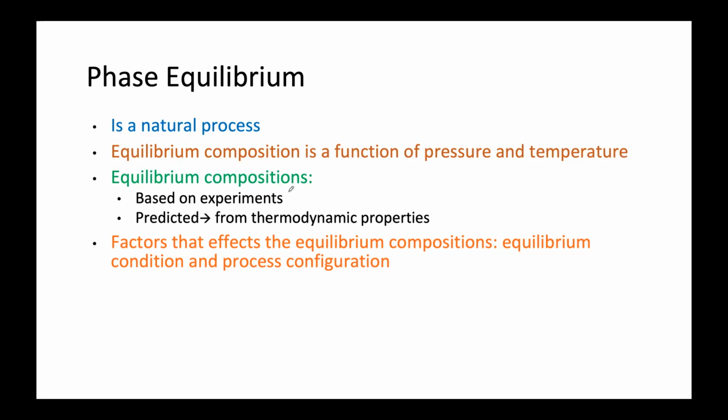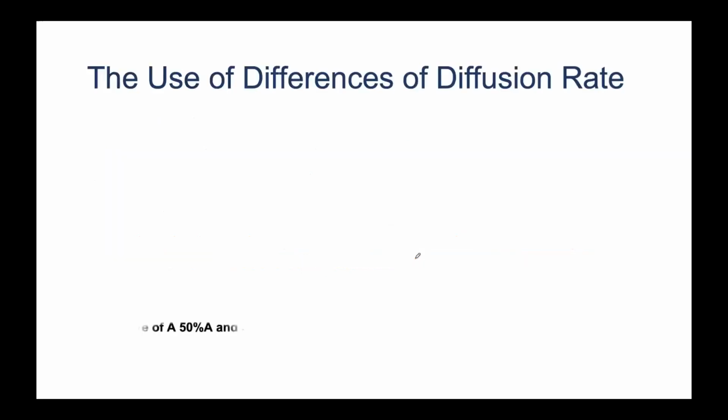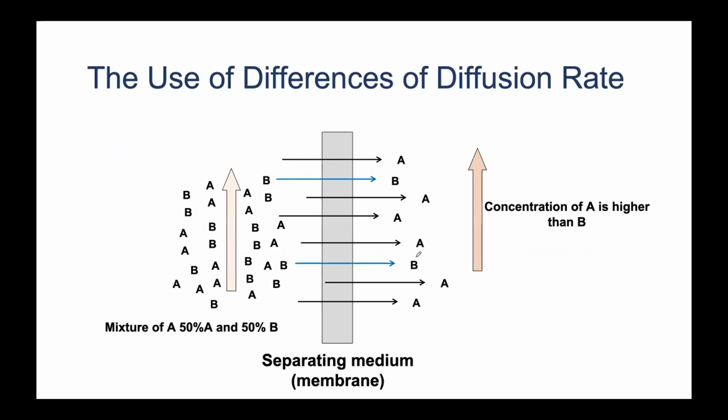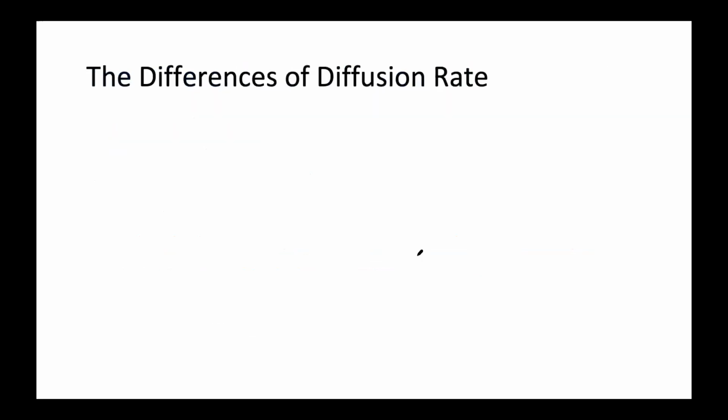We have to do experiments to get certain data points for the equilibrium points, and after that we can make a model and then predict them. The factors that affect equilibrium composition are, of course, the equilibrium condition and also the process configuration.